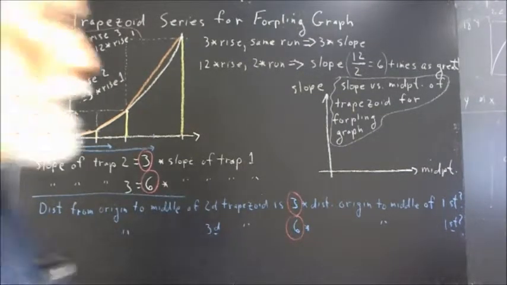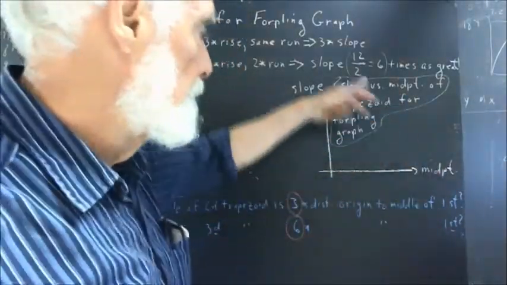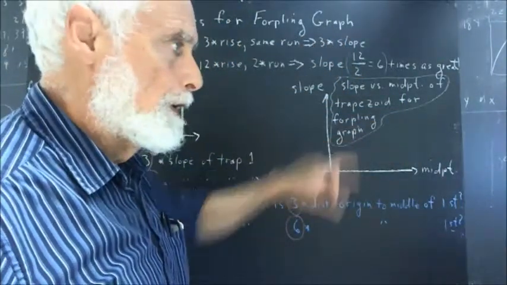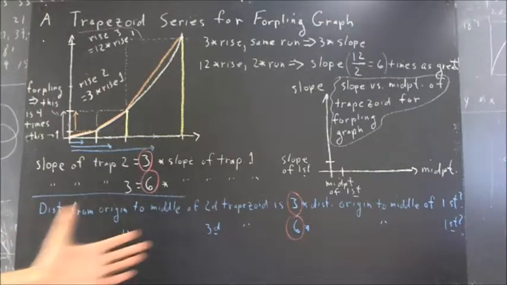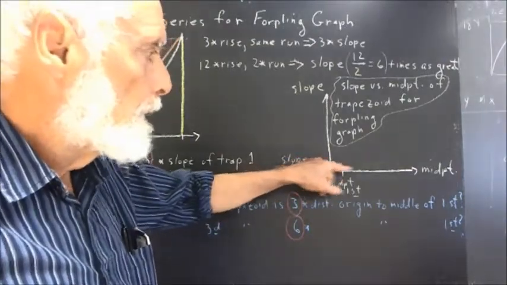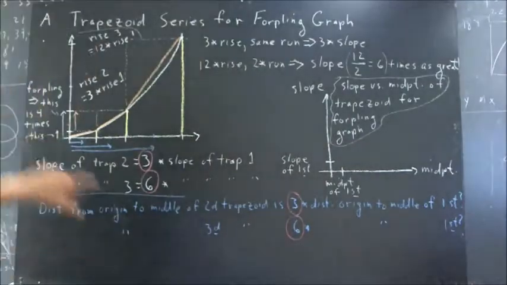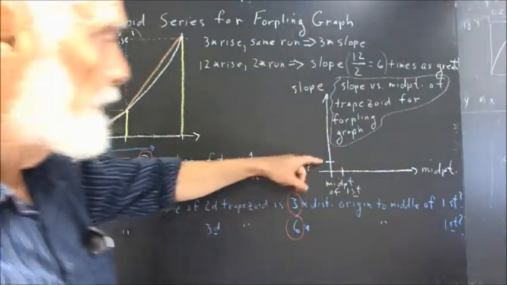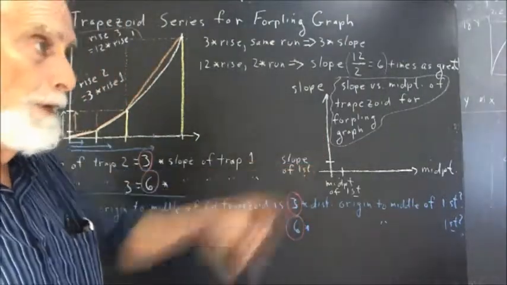So now, what does a graph of slope versus midpoint of a trapezoid look like if you have a forpling graph? What do you think that graph is going to have to look like? Okay, just as a hint in case you don't see it completely, if this coordinate here corresponds to the position of the midpoint of the first trapezoid, and this coordinate on this axis corresponds to the slope of the first trapezoid.